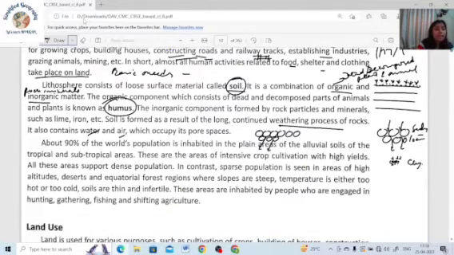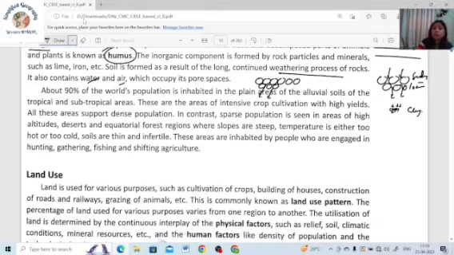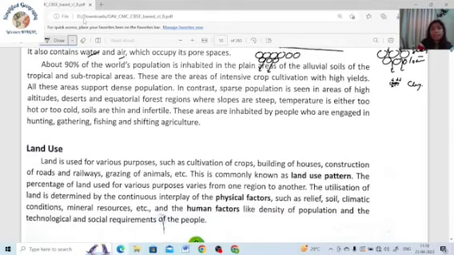About 90% of the world's population inhabits plain areas, which are very rich in alluvial soil of tropical and subtropical areas. These are the areas of intensive crop cultivation with high yields. All these areas support dense population.